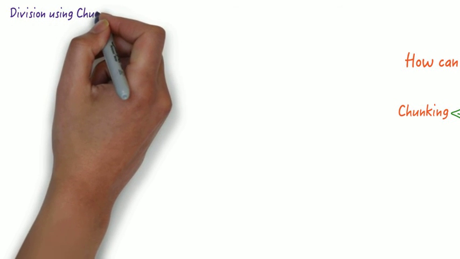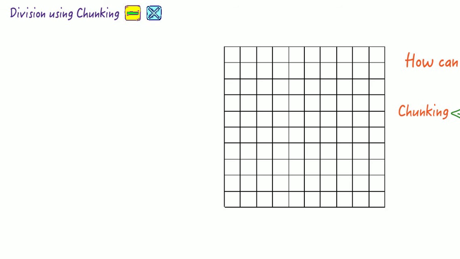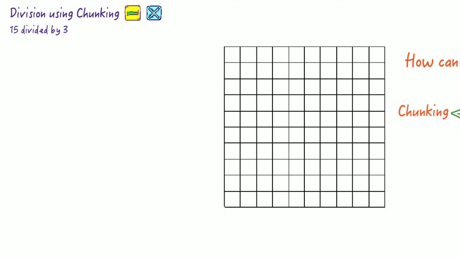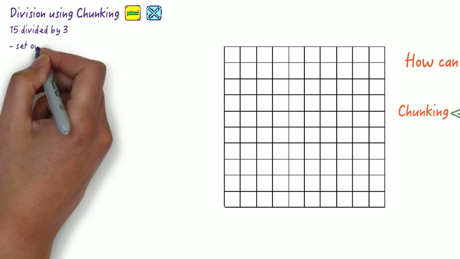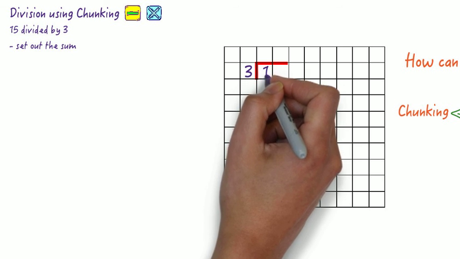Let's look at division using chunking. You need your subtraction skills and your multiplication skills to help you. It's really important that you set this out carefully. So you draw your box with 3 on the outside and 15 on the inside.